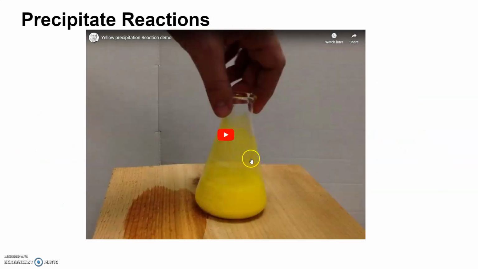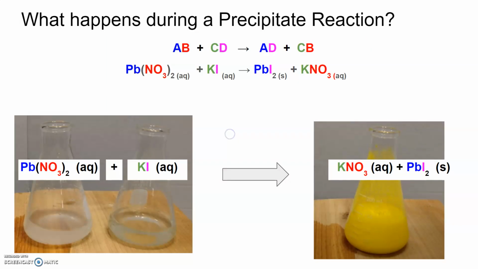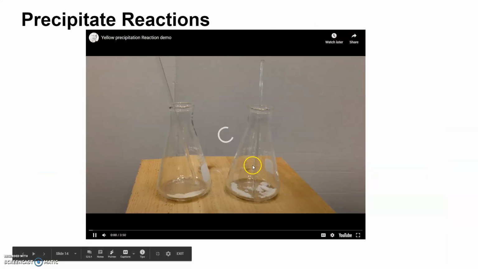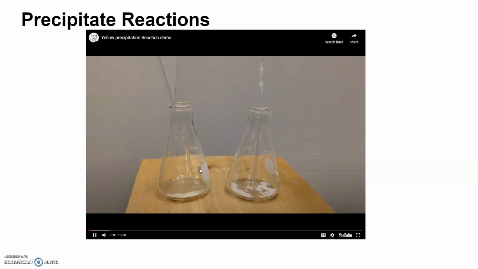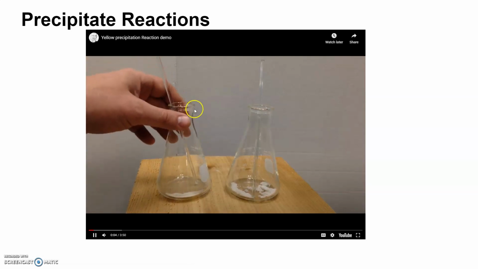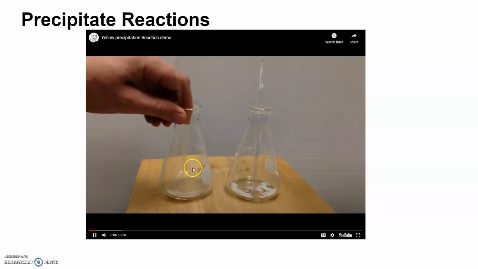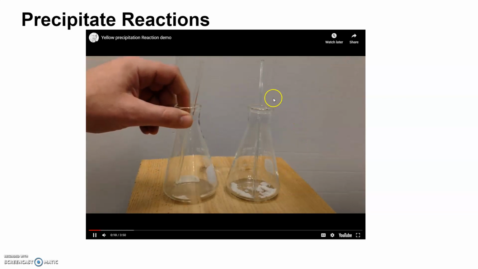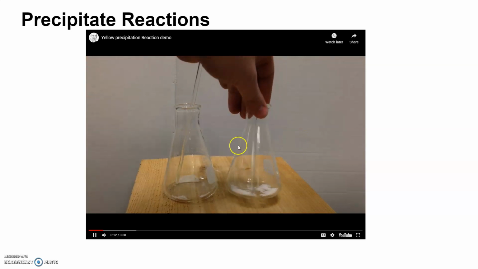So let's take a look at this reaction in this demo video. So this is the same exact reaction that we saw on the previous slide. Oops, let's go back here. Okay, so in this demo, you have 2 flasks. This flask has lead nitrate in it, and the second flask has potassium iodide.